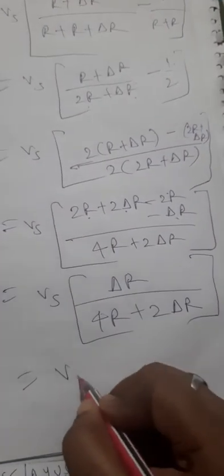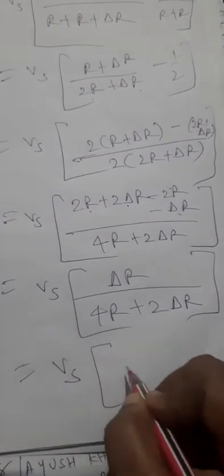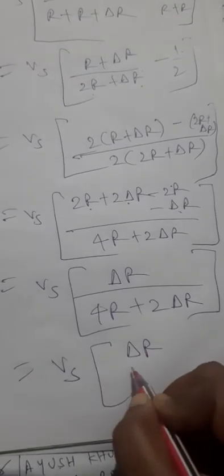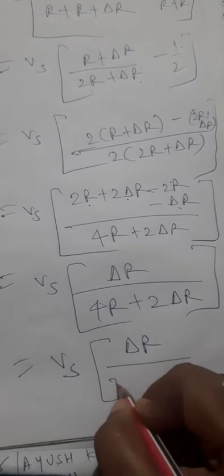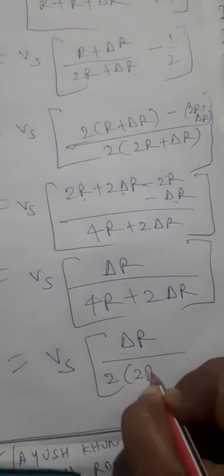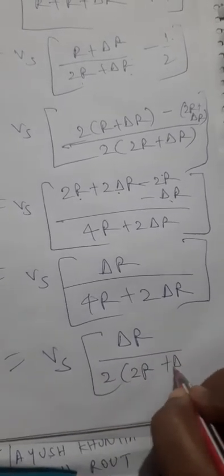So that is equal to V supply into delta R divided by, if we take 2 as common, 2 into 2R plus delta R.